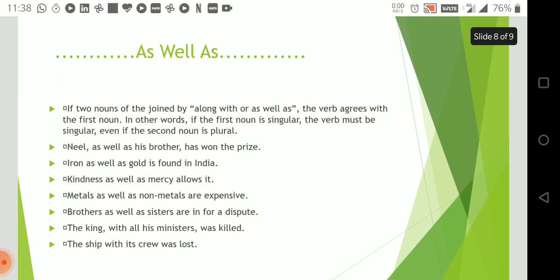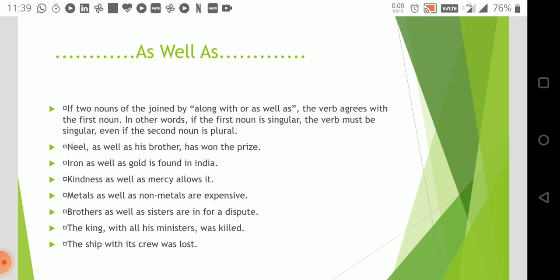Let us come to one of the most important concepts in competitive examinations, error detection questions, wherein as well as is used. So, if two nouns are joined by as well as or along with, the verb must always agree with the first noun, unlike the rule that we learned in neither nor and either or.